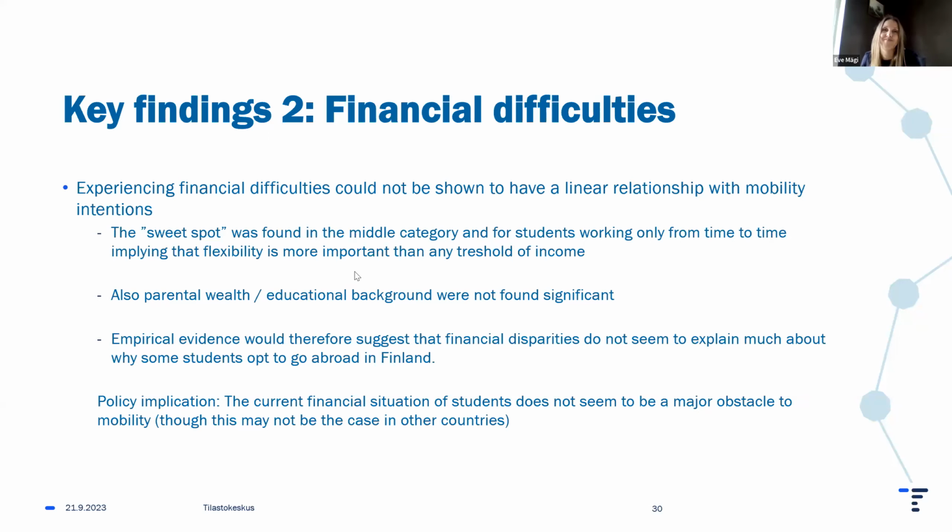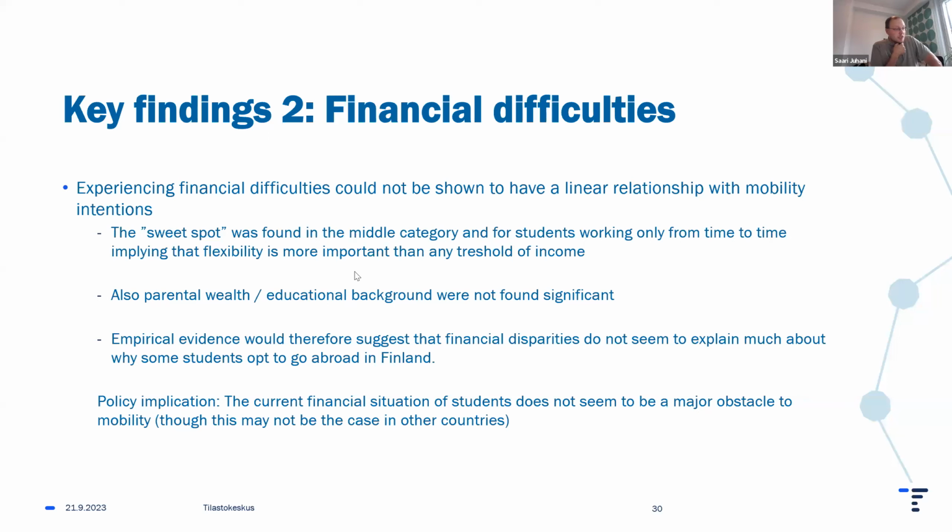Thank you very much for the question. Exactly as you put it, the result suggests that the current status of various means of financing your mobility abroad seems to be sufficient, because otherwise you would be observing much greater differences between students from various socio-economic backgrounds.